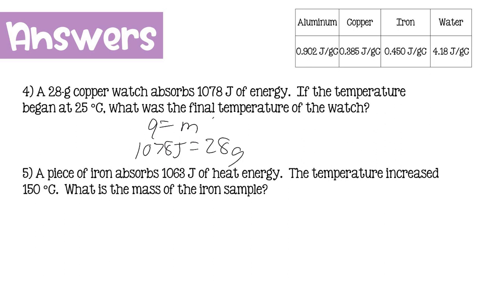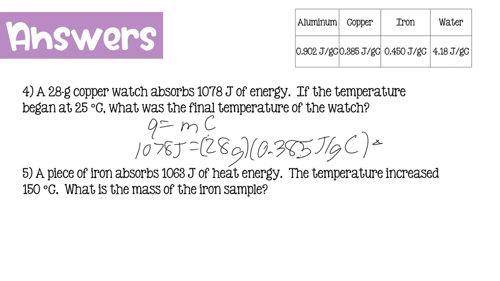The specific heat capacity, c, for copper is 0.385 joules per gram degrees Celsius. And the delta T, or change in temperature, is what we are looking for.